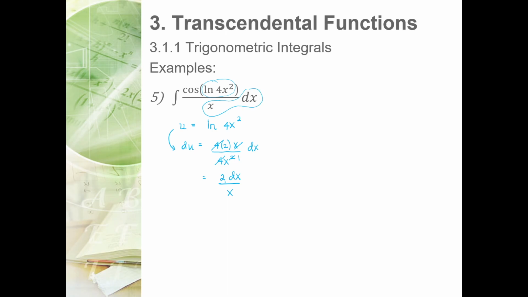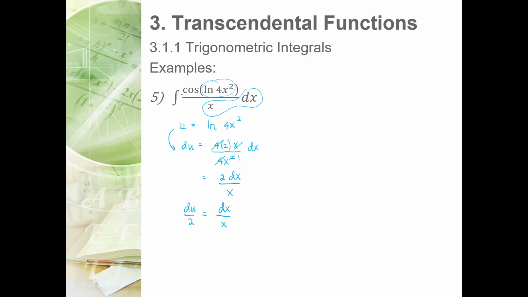But in our u-substitution process, we have 2 dx over x. So we divide everything by 2 so we can eliminate the 2 on the right side. So this becomes du over 2 equals dx over x. So this time we can now make the proper substitution.